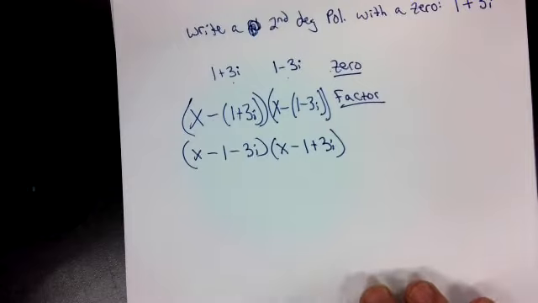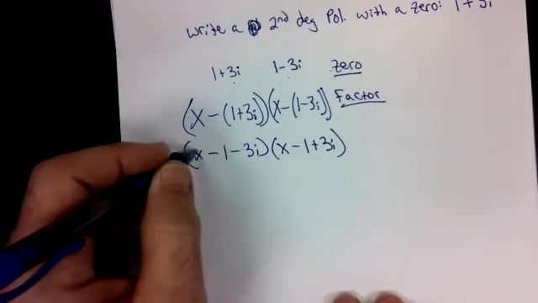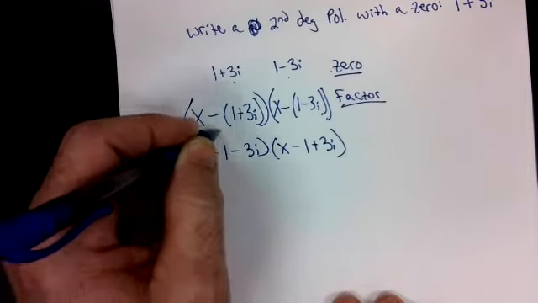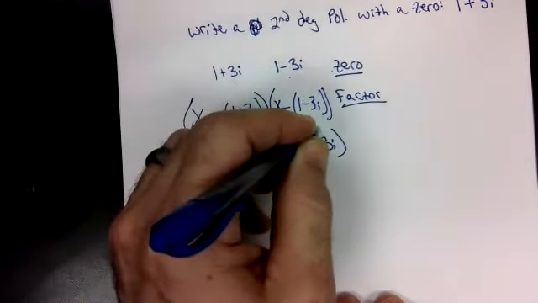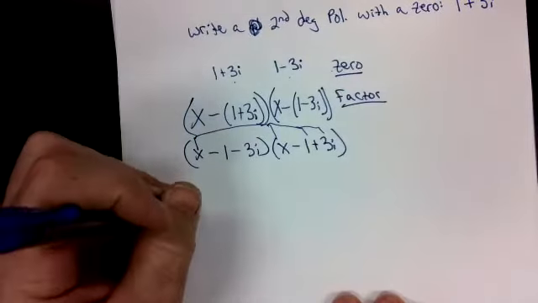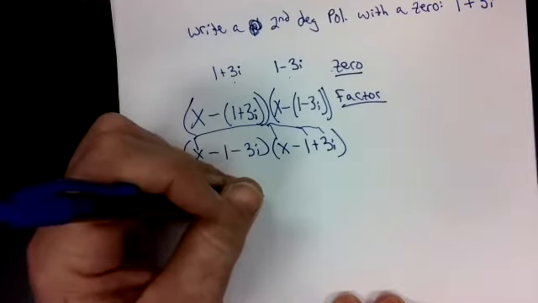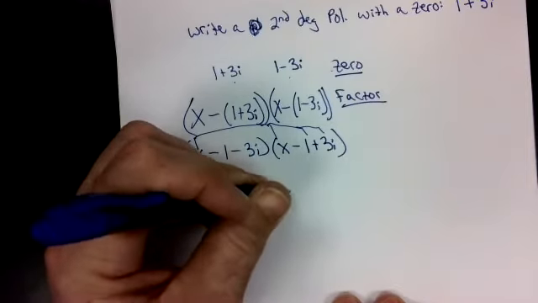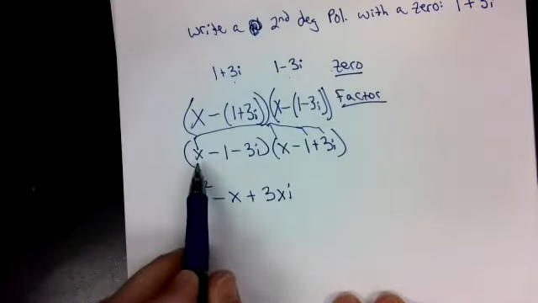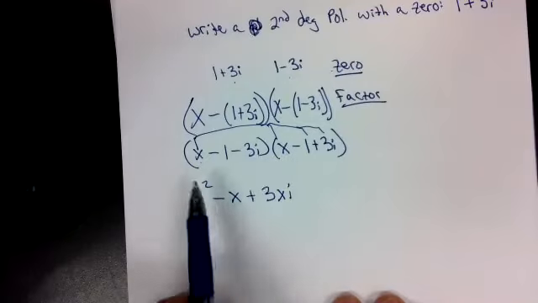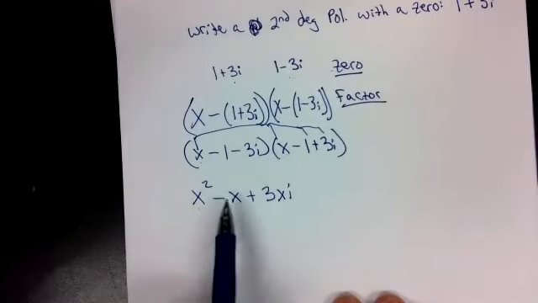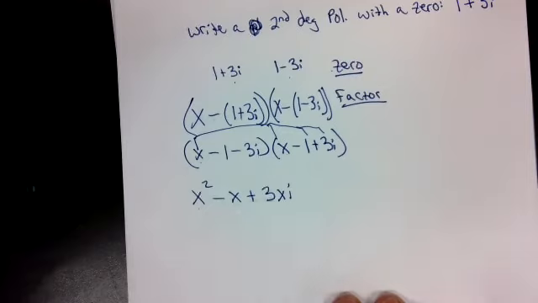And then it's a whole host of distributions. So again, multiply this x times all three terms. So x squared minus x plus 3xi. So again, that's x times x, x times negative 1, x times my 3i.